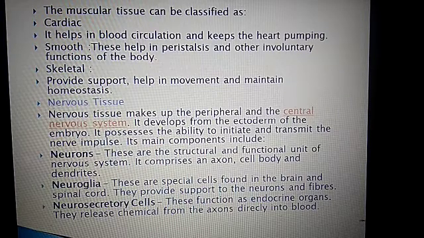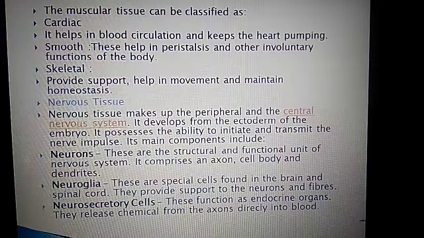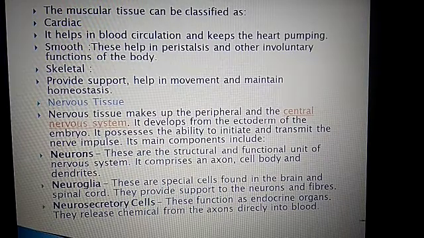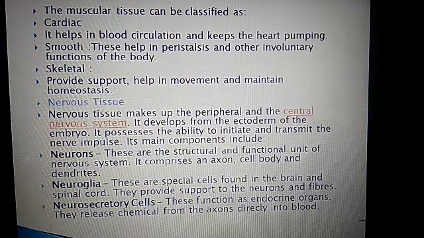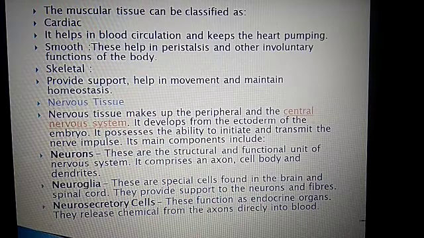The dendrites carry the message towards the cell body and a single long axon carries the message away from the cell body. Neurons are the structural and functional unit of the nervous system. It comprises an axon, cell body and dendrites.